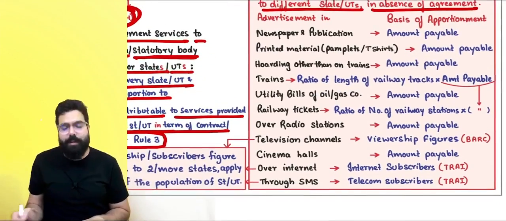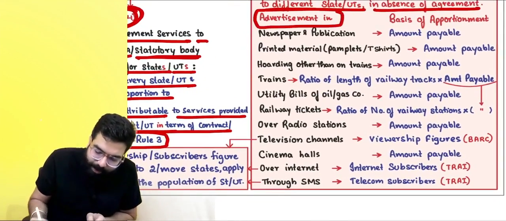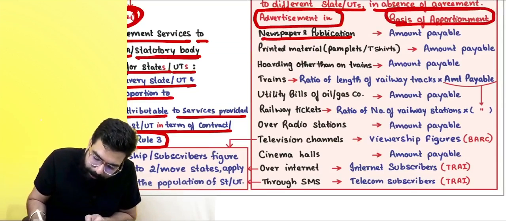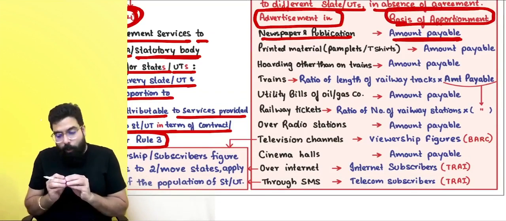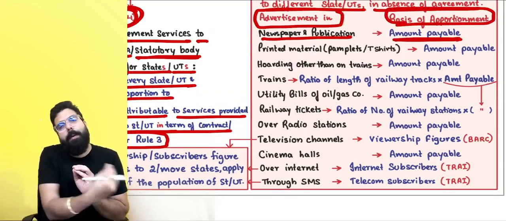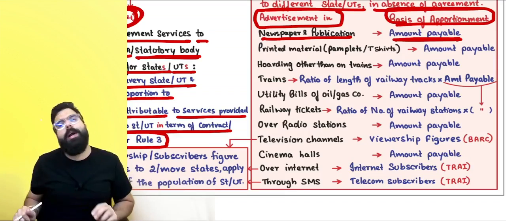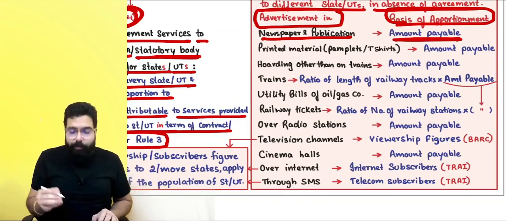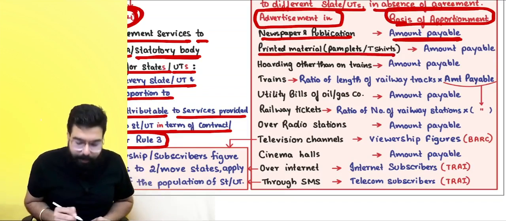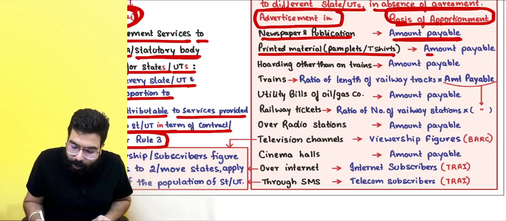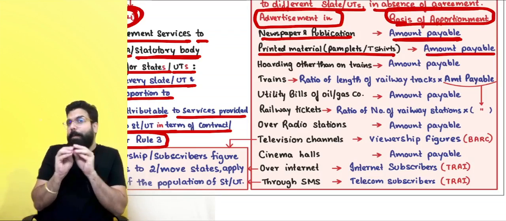Rule number 3 says, if advertisement is done in newspaper and publication, the basis of apportionment will be the amount payable. So whatever I have spent for the advertisement in newspaper and publication, in that ratio I have to apportion the value between the states. Sir, if I have done advertisement in printed material, that is pamphlets, t-shirts, etc., then again the amount payable by the advertisement company.